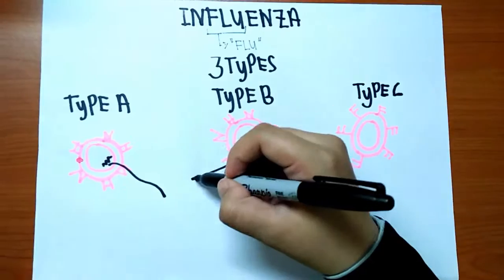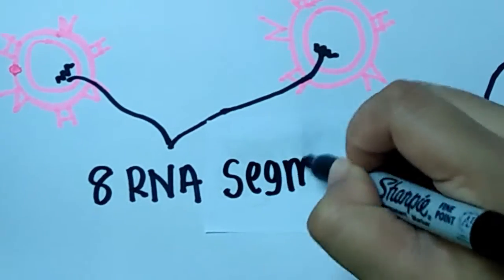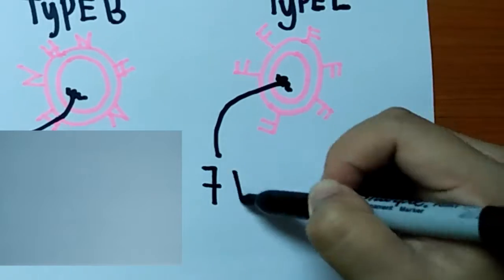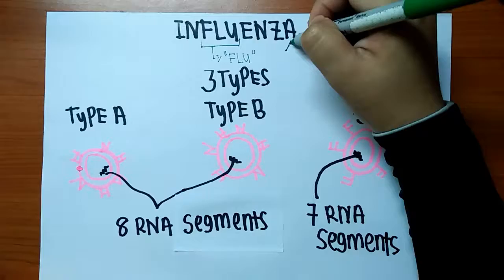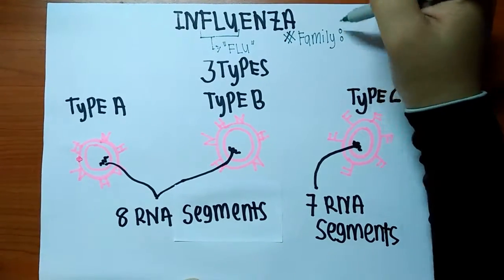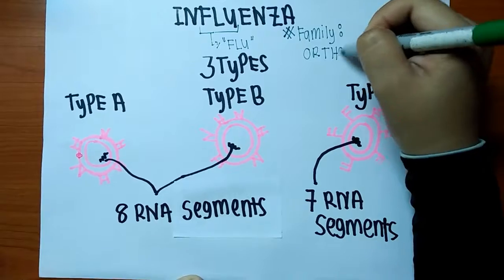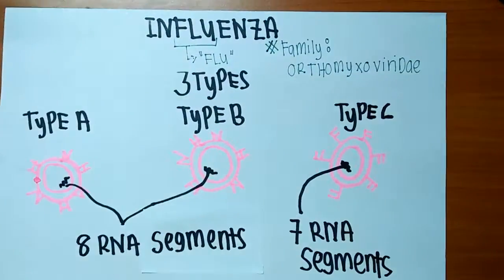Type A and type B are made up of 8 RNA segments, while type C has a 7-segment RNA genome. Influenza belongs to the virus family Orthomyxoviridae.